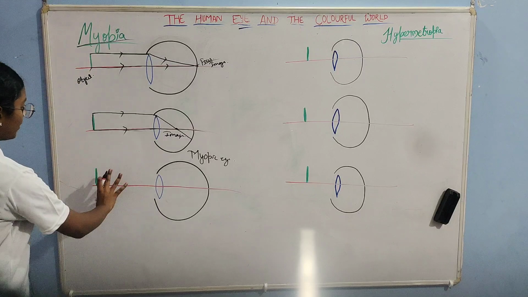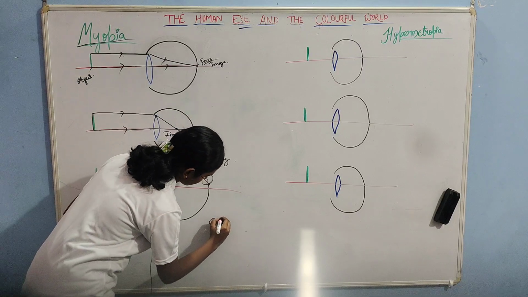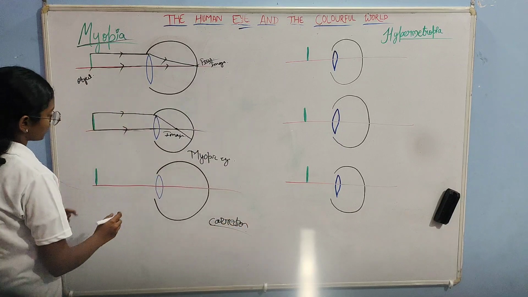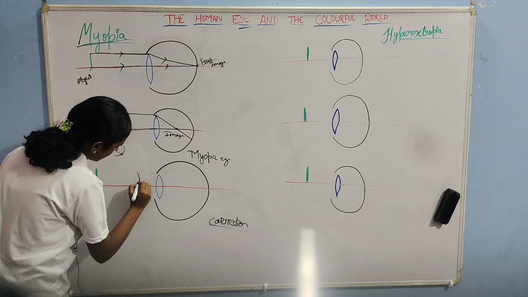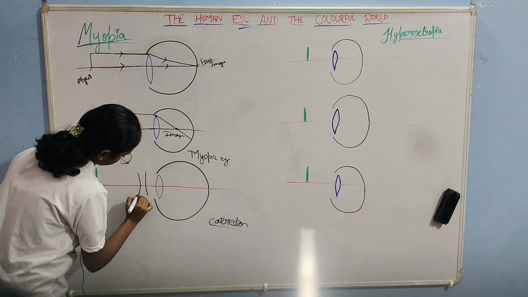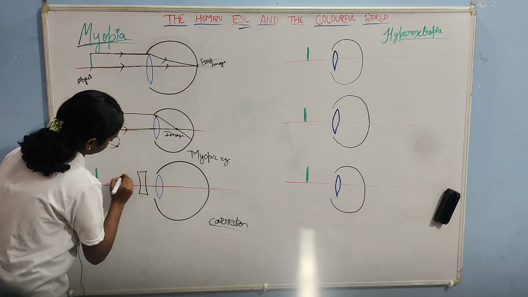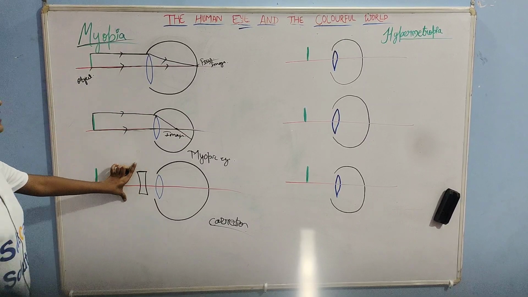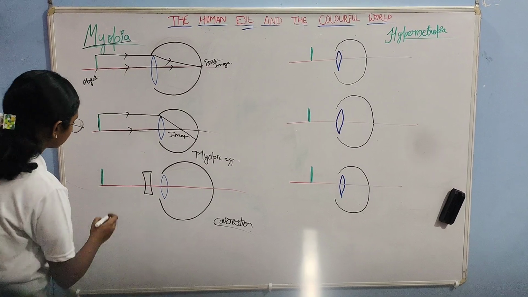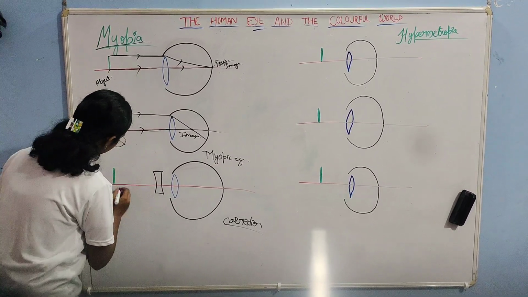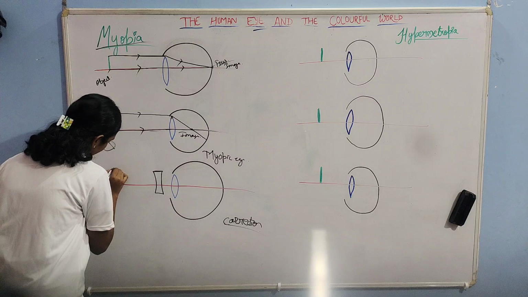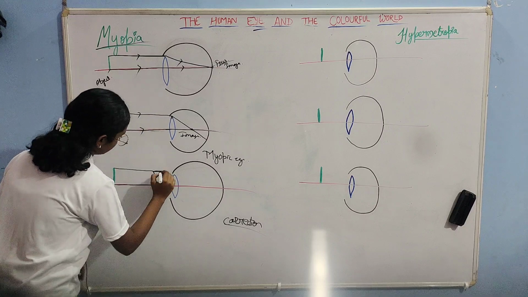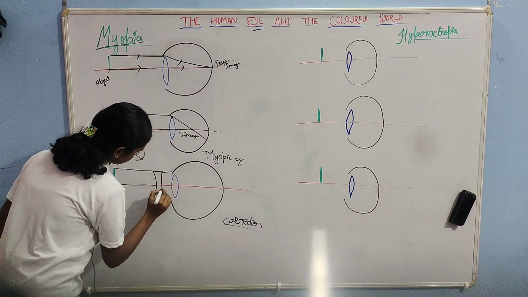Now we will see how it can be corrected. By using a concave lens, it means that you can use this in your spectacles. The concave lens will diverge the light rays. It will refract the light rays.